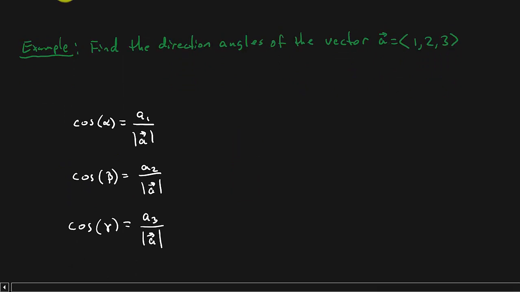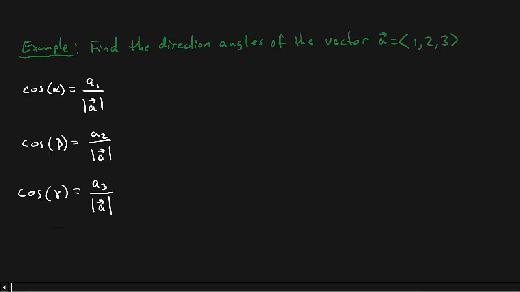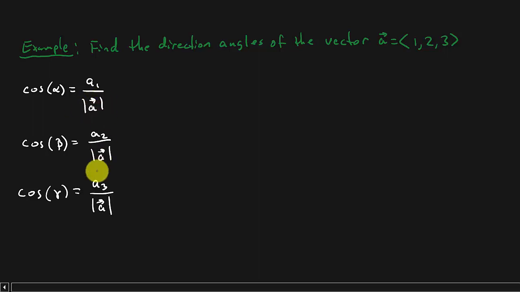All right, so let's see what we've got. What do we need? We need the magnitude of A. We already know what A1 is.